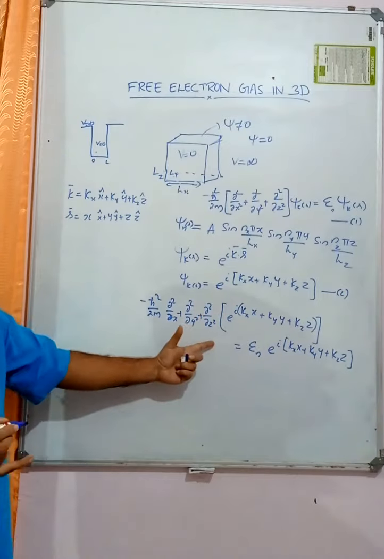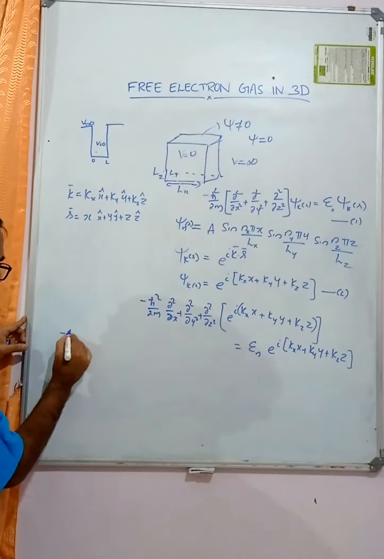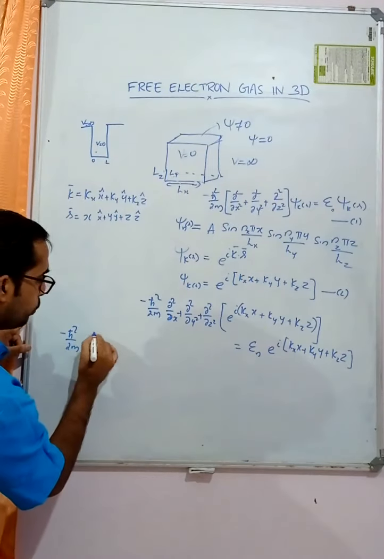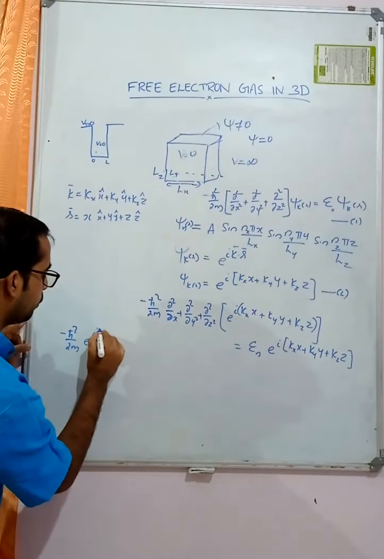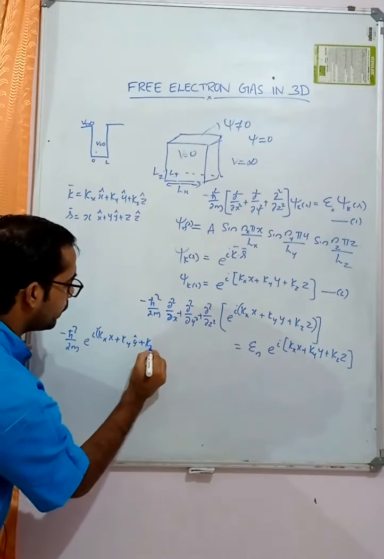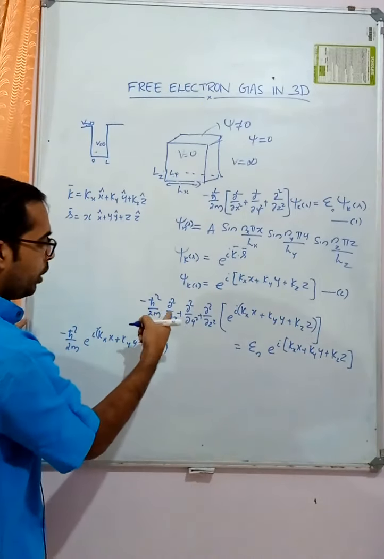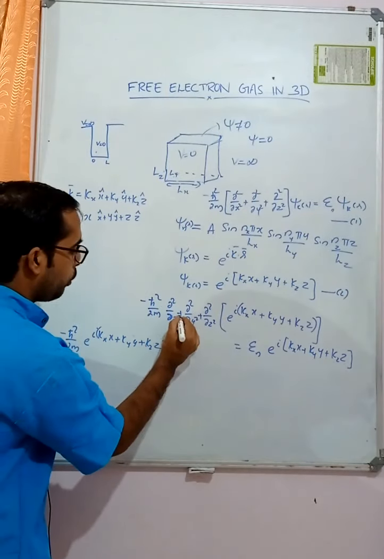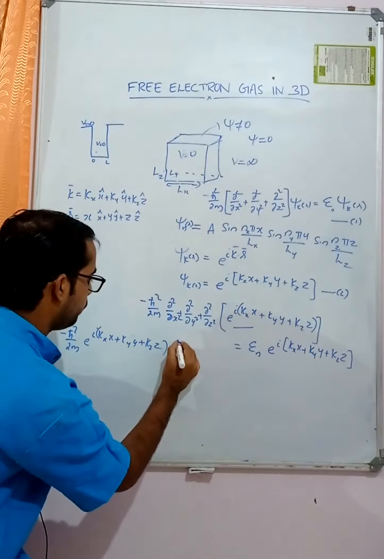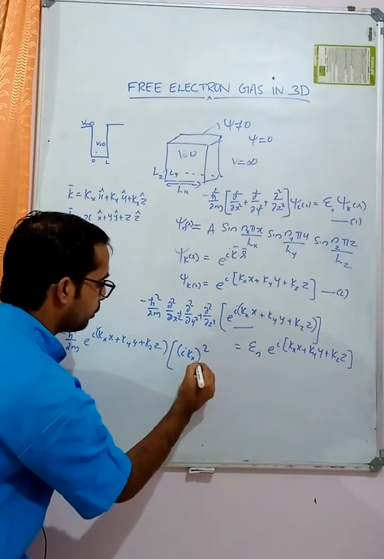Now we can differentiate these terms, taking the second derivative individually, so this will be minus h cross square by 2m into e raised to i (kx x plus ky y plus kz z), into, when we take del square by del x square of e raised to this term, you only need to differentiate the first term, that is (i kx) whole square.